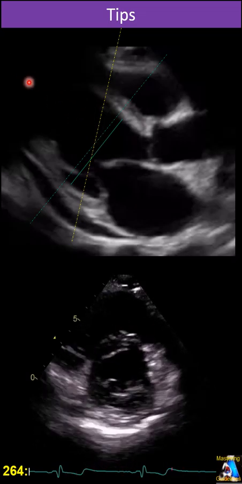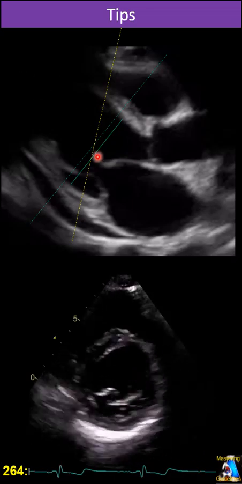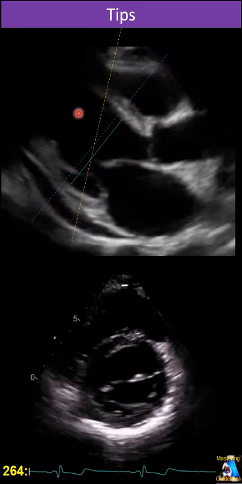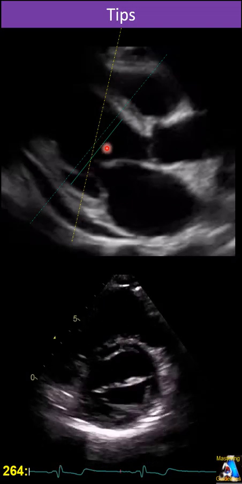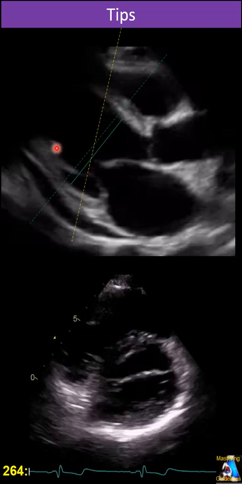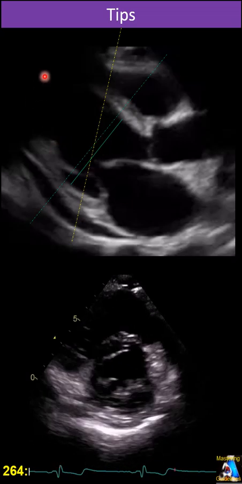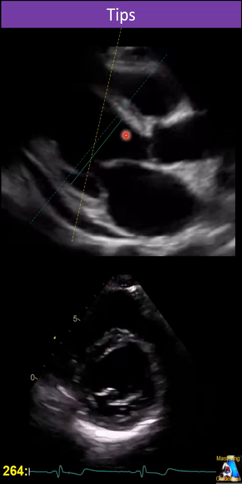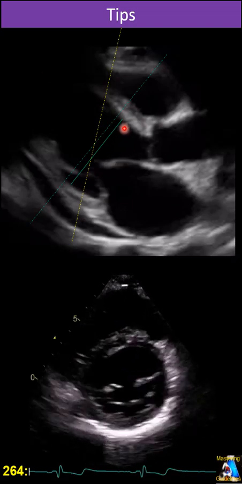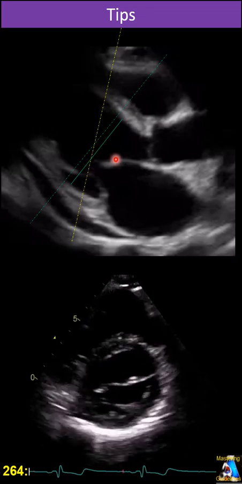If it goes more than that amount, it is off axis, and all measurements will be wrong, and you are overestimating ejection fraction, LVIDs, and all those parameters that we calculate in systole.